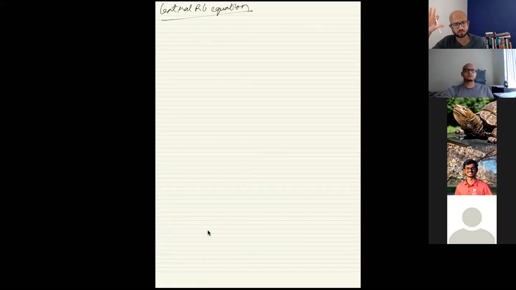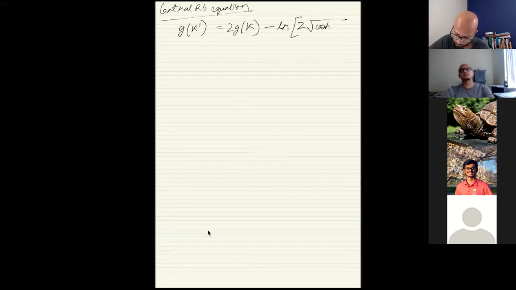It removes the effect of the scaling of the system size, which is something you can do if you're in the thermodynamic limit. That's the idea. So it tells us that g of k prime is equal to 2g of k minus ln 2 square root of hyperbolic cos of 2k.